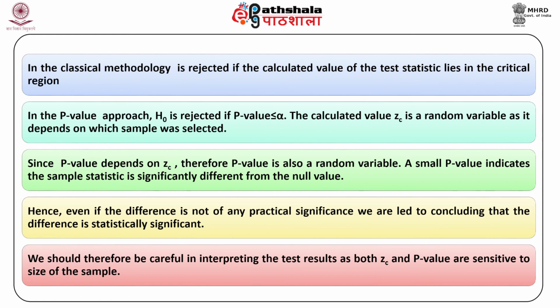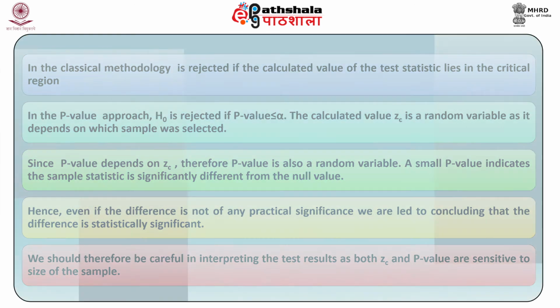We should therefore be careful in interpreting the test results, as both ZC and p-value are sensitive to the size of the sample. For large samples, any small departure is detected by the test, even if the difference between the null value theta and the sample statistic theta hat is not of any practical significance.